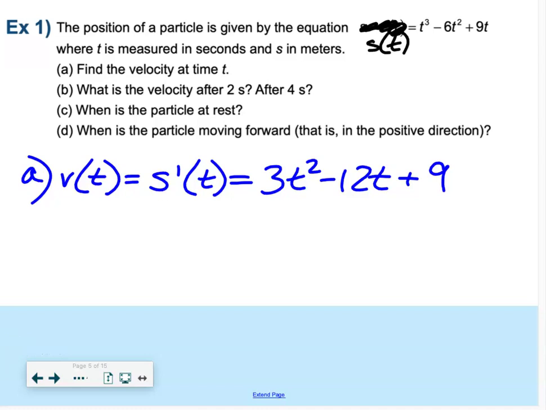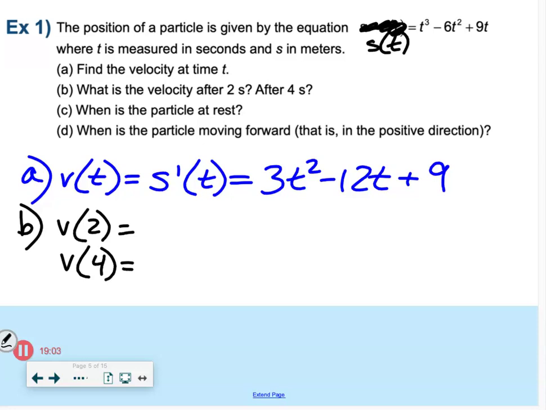Part B. What is the velocity at 2 seconds and 4 seconds? So we're just looking for v of 2 and v of 4. So no calculators, just see if you can plug these numbers into your velocity and find those velocities. 10 seconds or so.